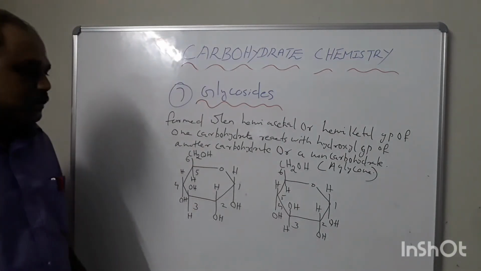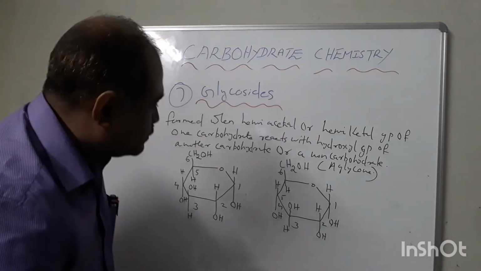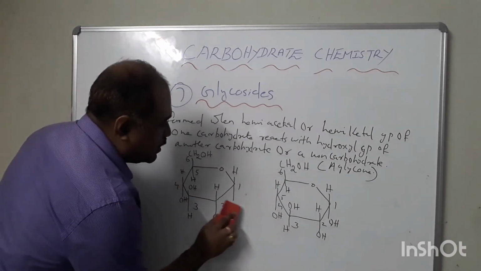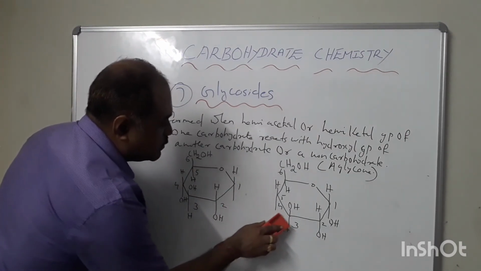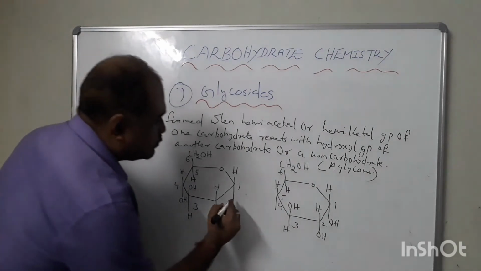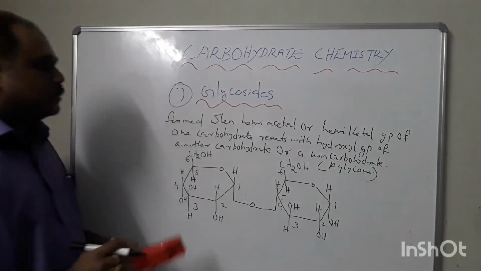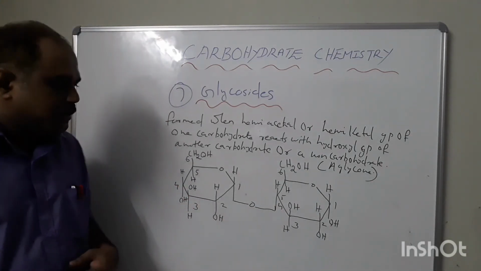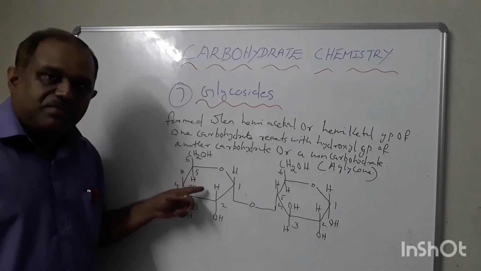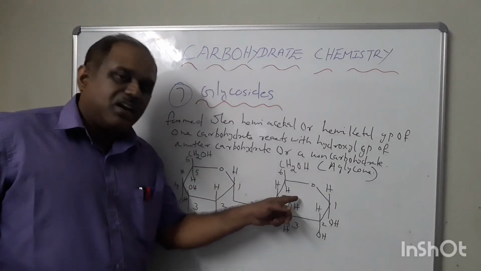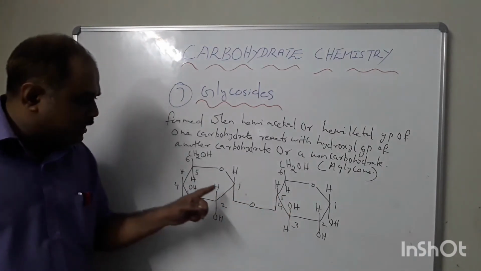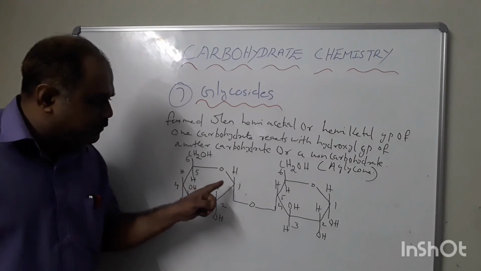Okay, so now you see here, a bond is formed like this. How can we name this? This is one alpha D glucose. This is another alpha D glucose. So we can call it alpha D glucosyl. The bond is formed between the first carbon.